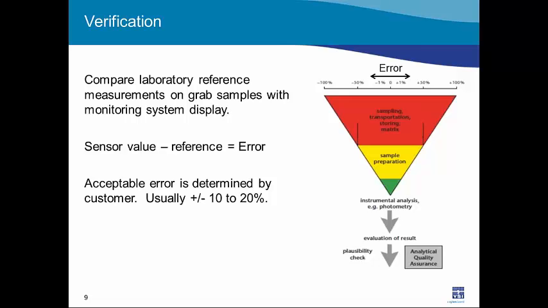If we look at the figure on the right, the error goes across the top from negative 100% to positive 100%, and the sources of the error are in the inverted triangle. Sampling, transportation, and storing, on the outside of the triangle, can contribute up to 50% of error.